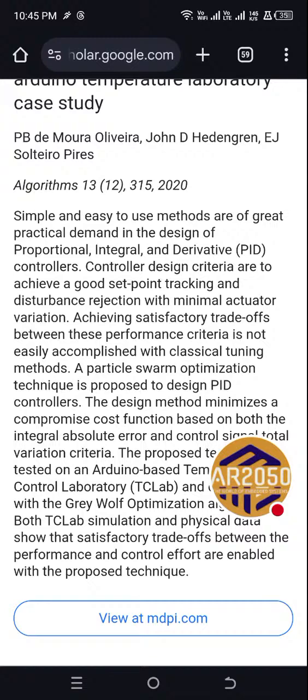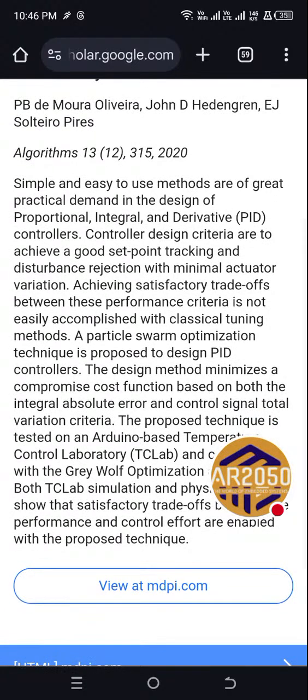That's what I'm doing. Anyways, simple and easy-to-use methods are of great practical demand in the design of proportional, integral, and derivative, which is PID controllers. Controller design criteria are to achieve good set point tracking and disturbance rejection with minimum actuator variations. Well, this is a very precise description of PID or any other control system design, and I really like this definition.